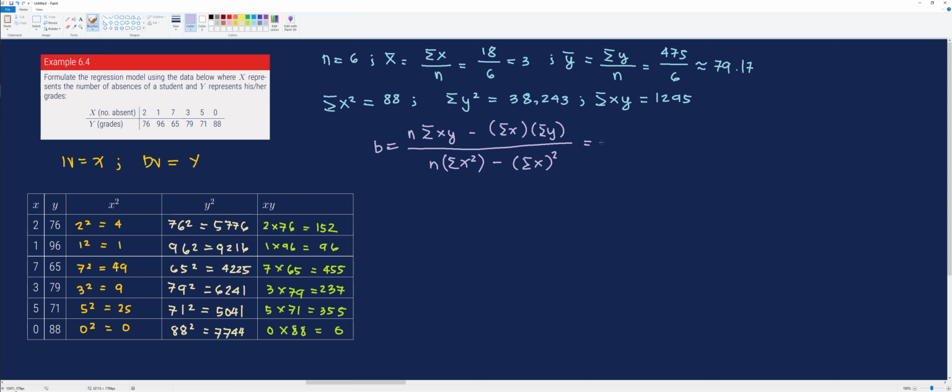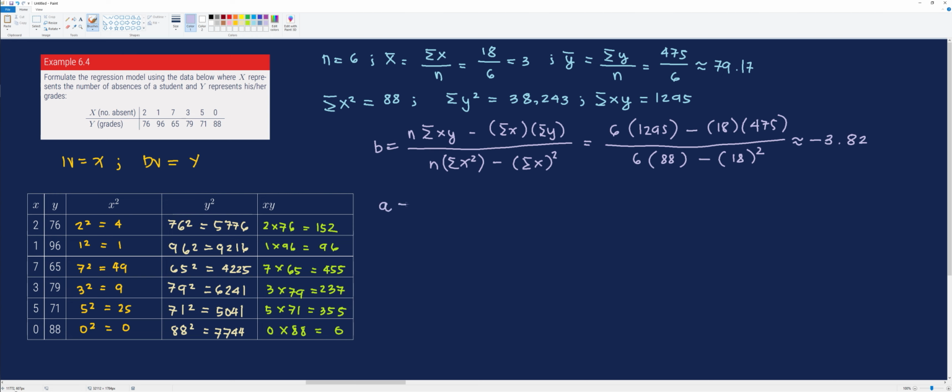So this is equal to n, that is 6, times the summation of xy, which is 1,295, minus the summation of x, which is equal to 18, times the summation of y, which is equal to 475, all over n, which is 6, times the summation of x squared, which is 88, minus the summation of x, which is 18, squared. Performing this operation, we get the result, which is about negative 3.82.